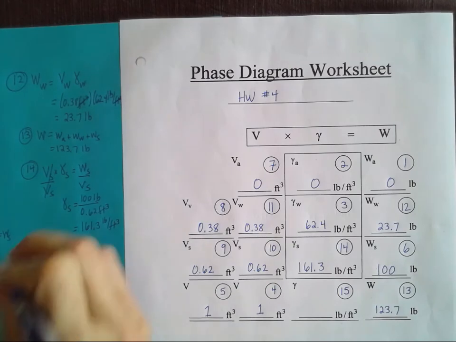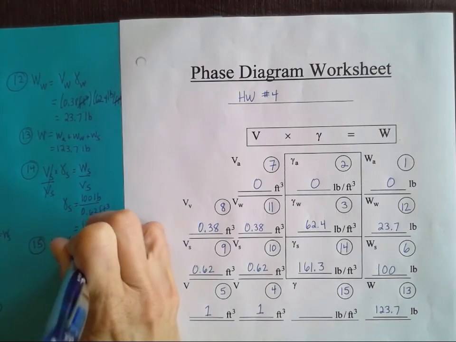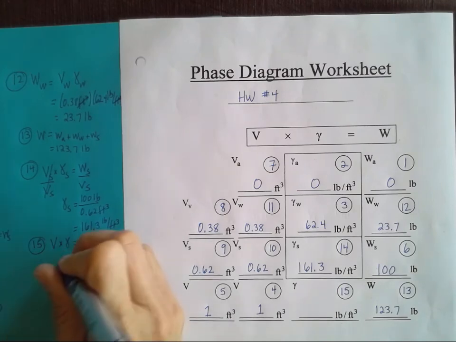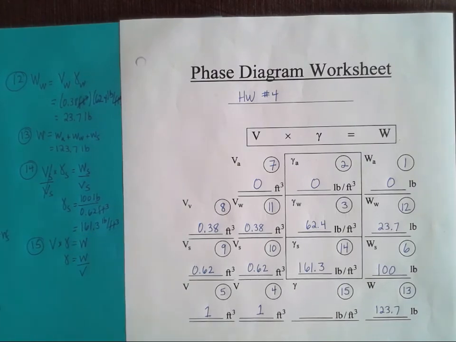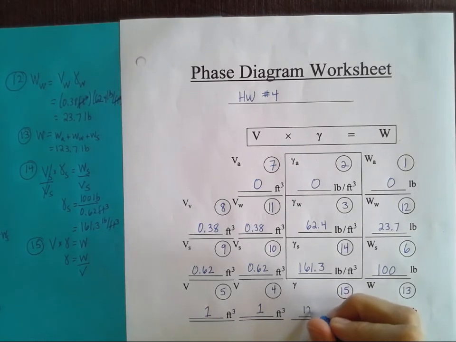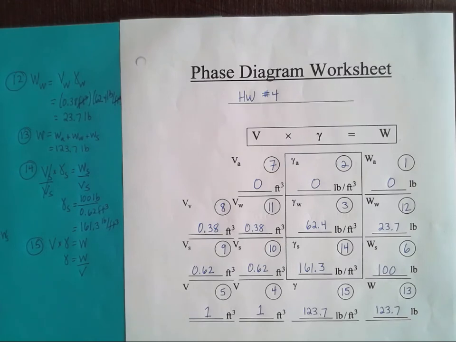I'm going to have to say that my total volume times my total gamma equals my total weight. And then to find my gamma, I'm going to have to take my weight and divide it by my volume. But that's some pretty easy math here because it's just a 1. So 123.7 divided by 1 is just going to be 123.7 pounds per cubic feet. So that's the way to handle the homework problem 4.